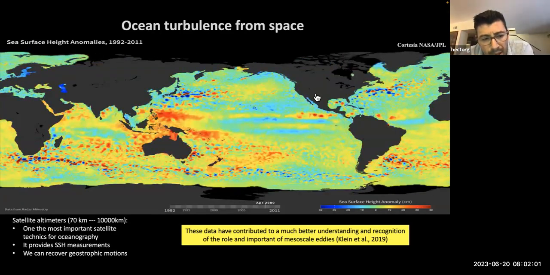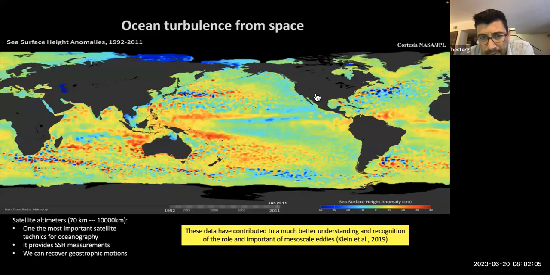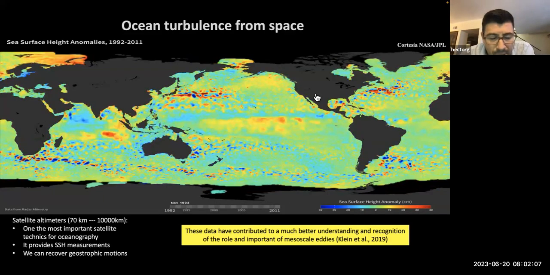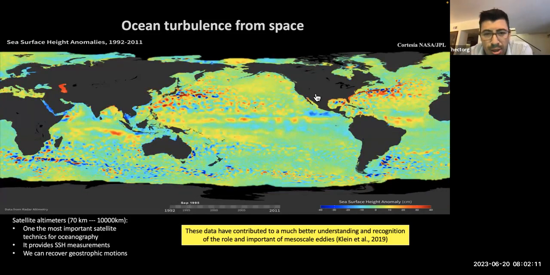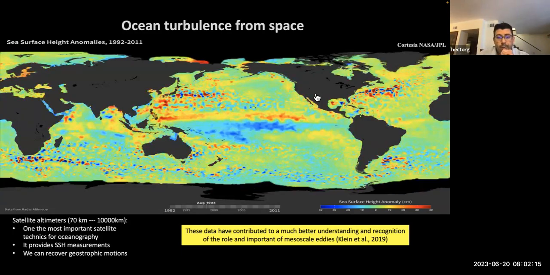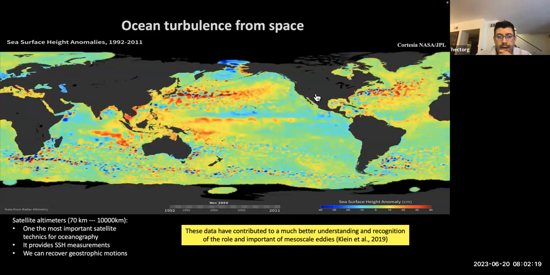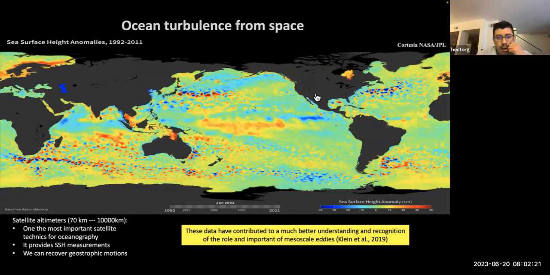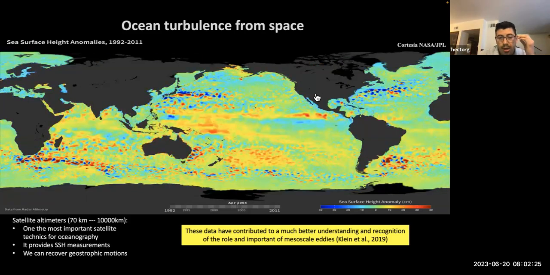However, this type of observation has limitations in terms of spatial resolution and temporal sampling. Although, in fact, we were able to understand quite a bit of how the oceanic motions interact with each other.